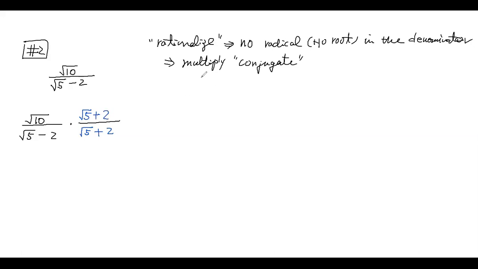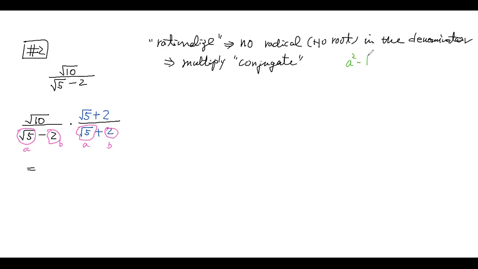So take a look at what happened to the denominator. This is a minus b times a plus b. If this is A and this is B, the denominator simplifies to A minus B times A plus B. Remember the formula I wrote before?